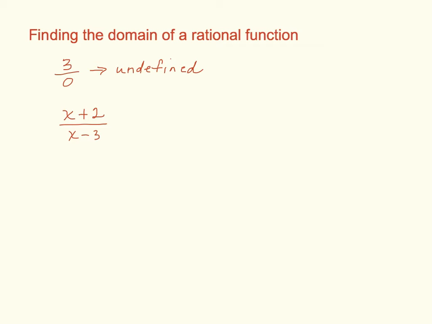But when you place a number in the value of x, and that number creates a situation where the denominator is 0, then that number is not part of the domain.